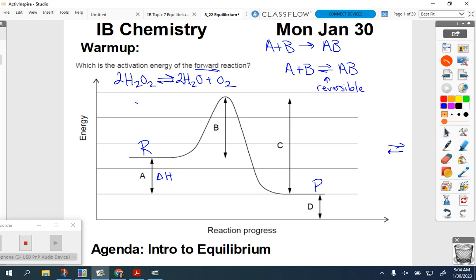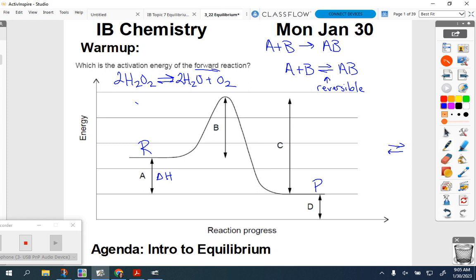That goes back to Hess's law from topic 5. The difference between the energies of the initial reactants and the initial products is going to be the same whether we're talking about the forward reaction or the reverse reaction. The sign changes, exactly. So the sign of our delta H for the forward reaction would be negative, and the reverse reaction would be the same number but positive.